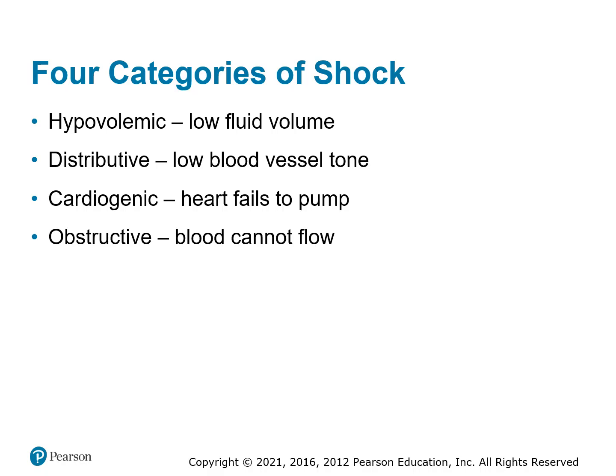And the last thing is obstructive shock. So you say, okay, we've got a fluid volume problem, we have a vessel tone problem, and we have a heart pump problem. And I told you there was one of those three things wrong in every type of shock.